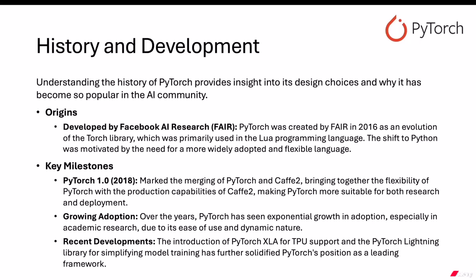The shift to Python was motivated by the need for a more widely adopted and flexible language. Some of the key milestones in its history are PyTorch 1.0, which was in 2018, marked the merging of PyTorch and Caffe2, bringing together the flexibility of PyTorch with the production capabilities of Caffe2, making PyTorch more suitable for both research and deployment.